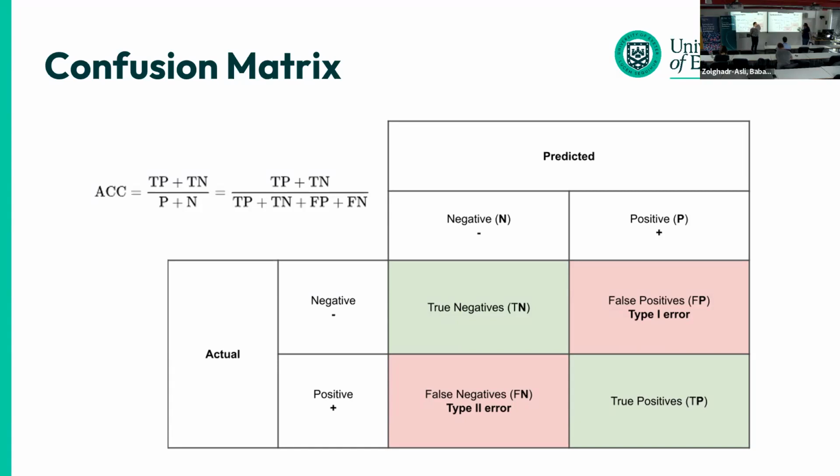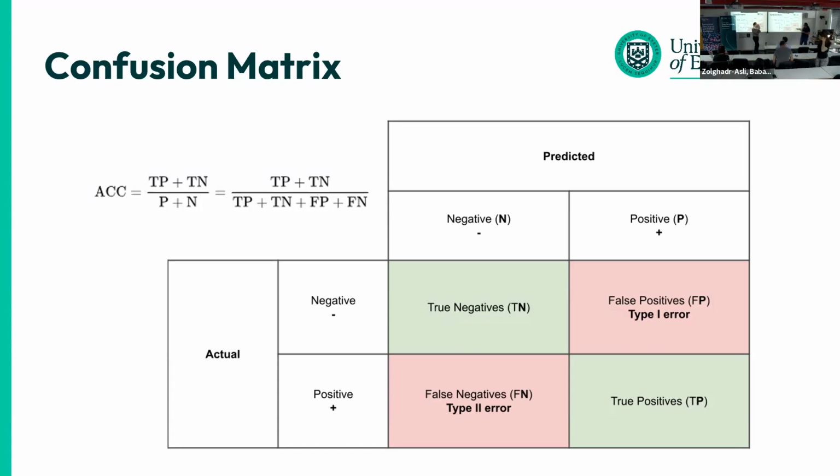But what are the meanings? If the model is predicting the negative value as negative, which was actually negative, it is a true negative. If the model is predicting the positive value and it was actually the positive class, it is a true positive.